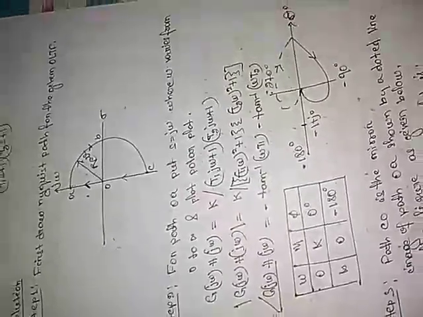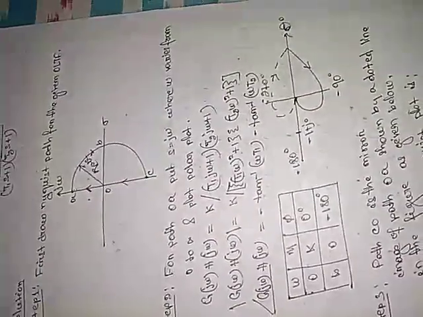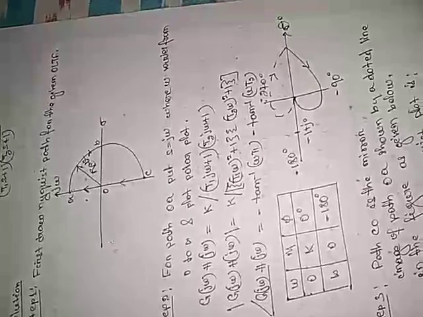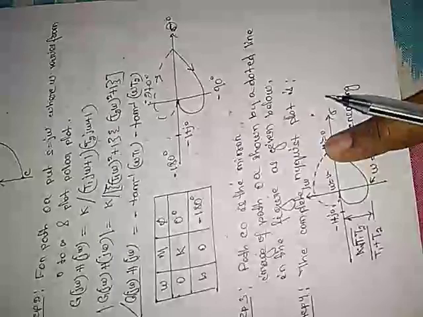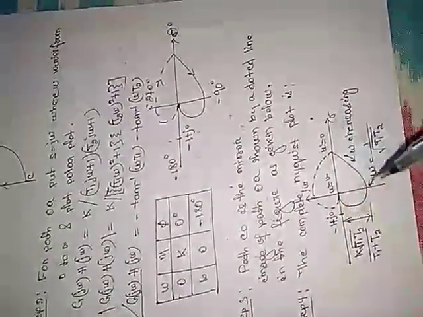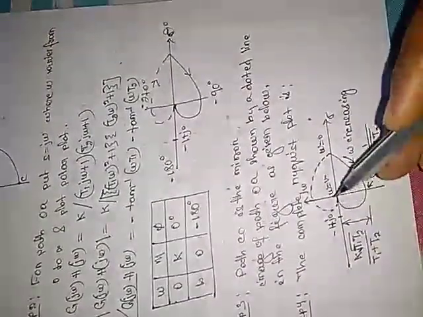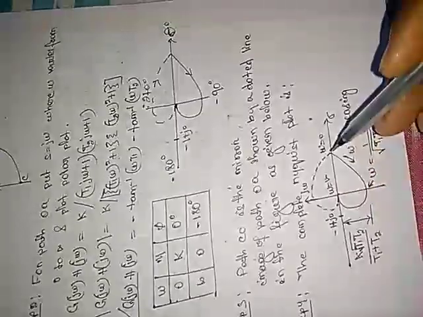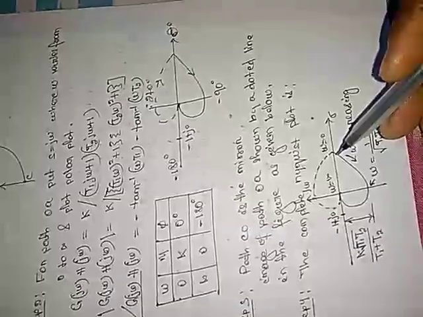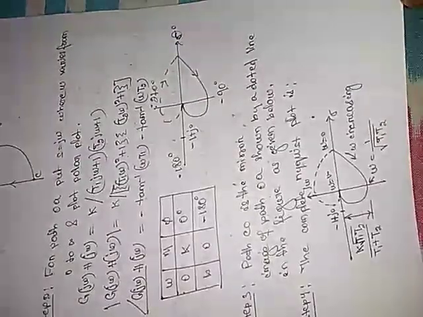So there is no path, as it has a 0 radius, in this Nyquist plot. Here there is no need to proceed for this step because my Nyquist path is already completed and closed. You may proceed or may not proceed.